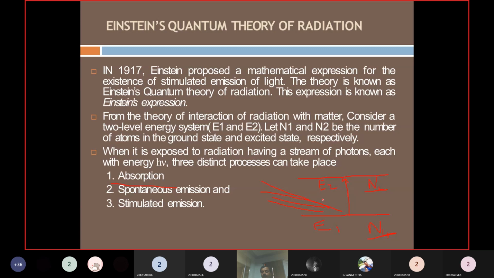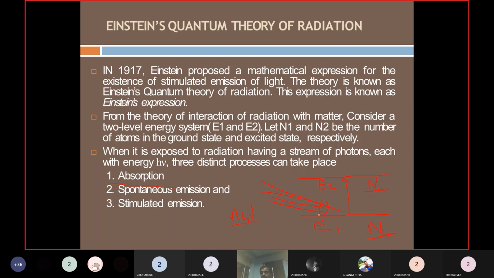That depends on the density of the photons. How do we calculate the energy density of the photons? Each photon has energy h nu. If there are n photons, then n h nu is the energy density.